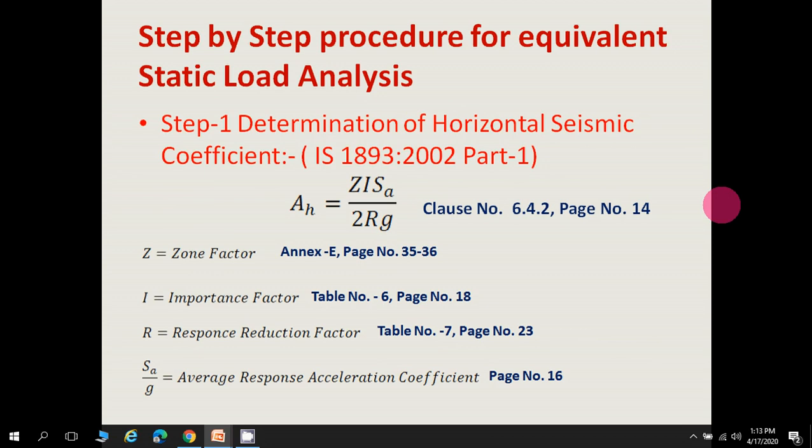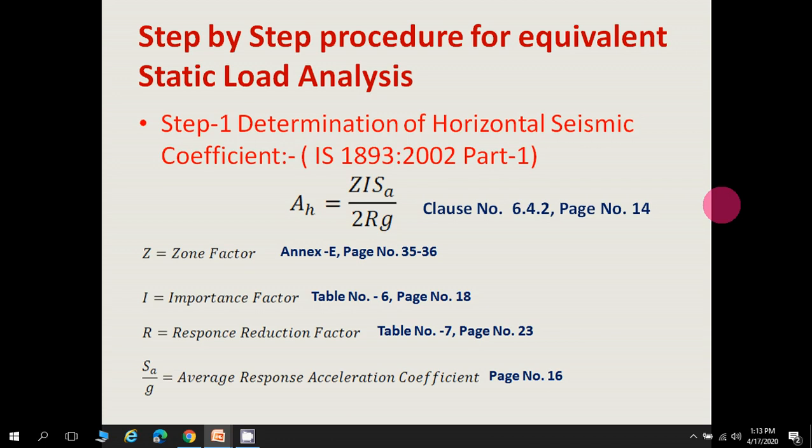The whole country, India, is divided into 4 zones, which are zone 2, 3, 4 and 5, based on the earthquake intensity at particular regions. So this code specifies the particular regions into 4 zones on the basis of earthquake intensity.